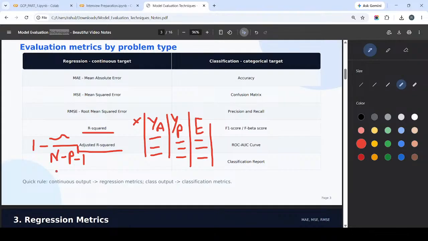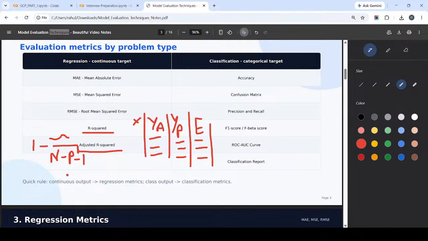Here n is the number of observations and p is the number of explanatory variables.